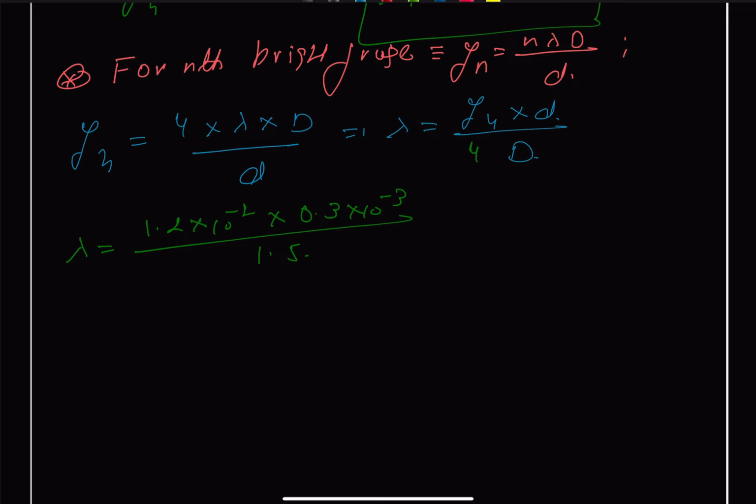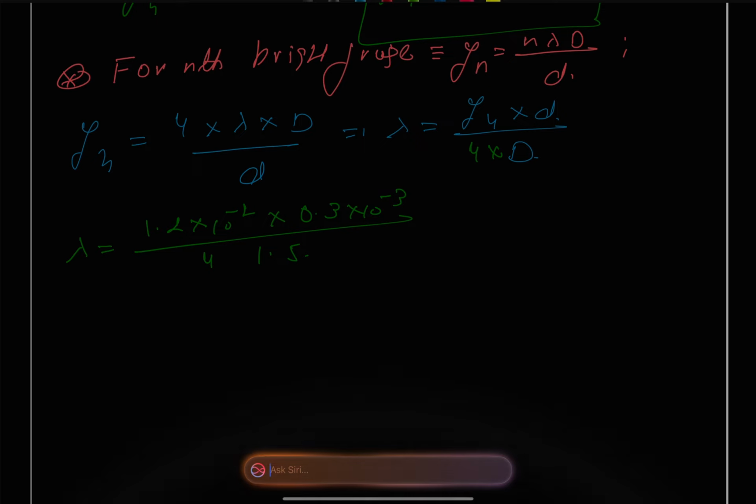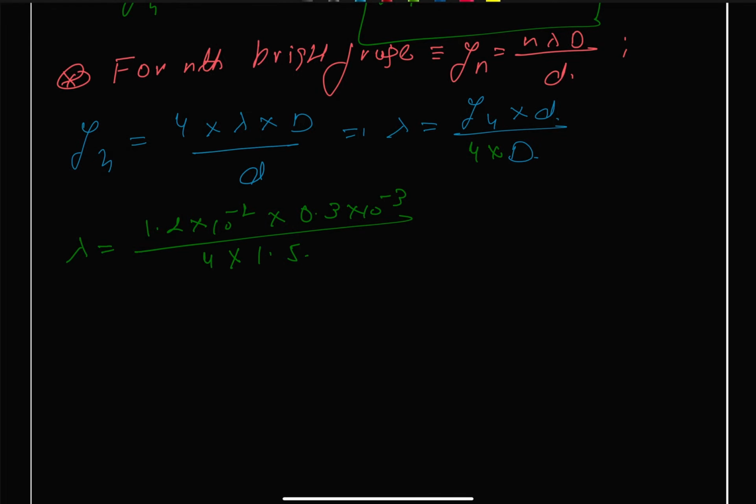So this comes as 4 times. So this gives us that lambda will be equal to 6 into 10 to the power minus 7 meters.